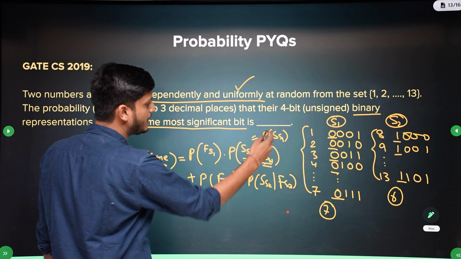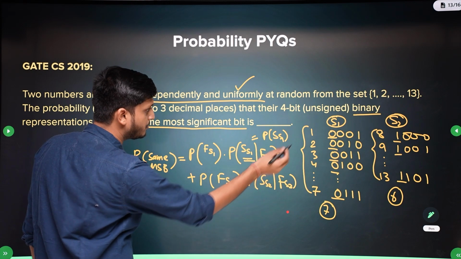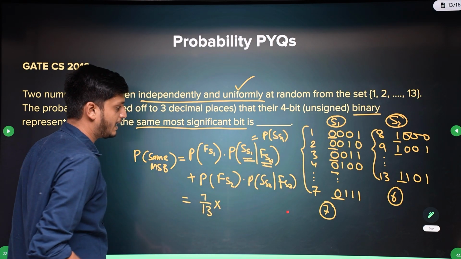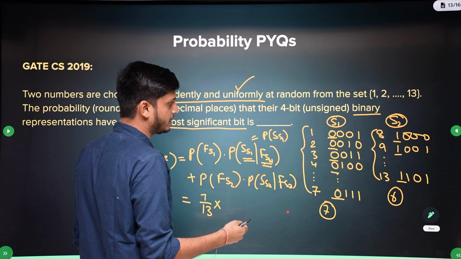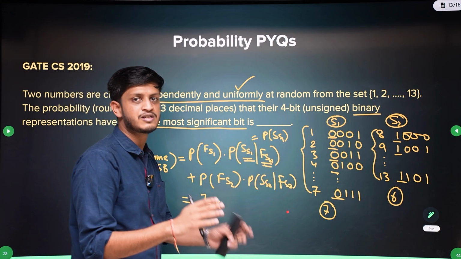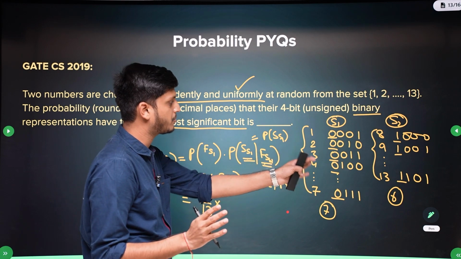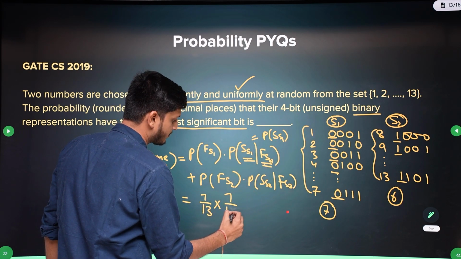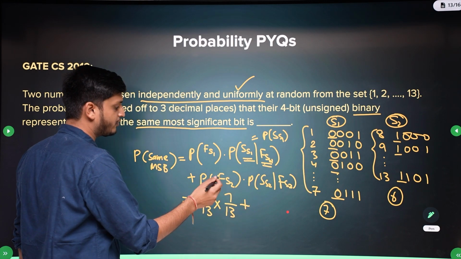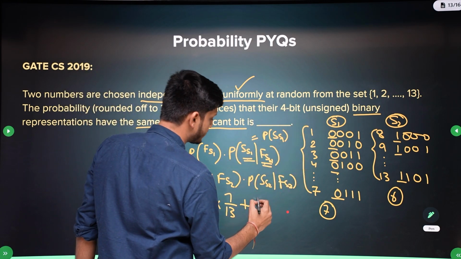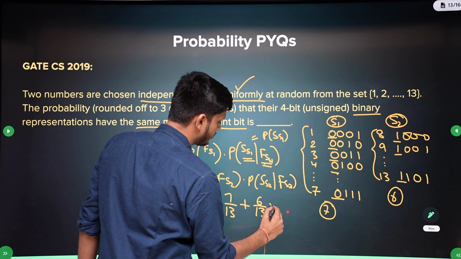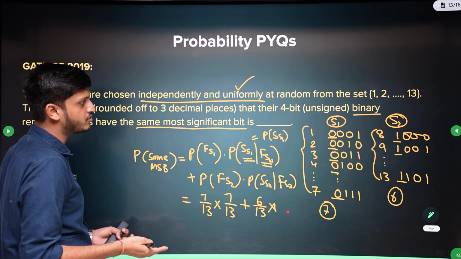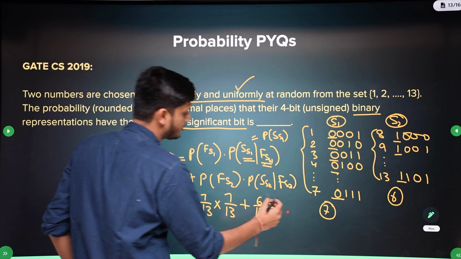So this will not have any impact. What is the probability of the first number being from S1? It is 7 by 13, times the probability of the second number being from S1, which is again 7 by 13, because they are independent. Plus the probability of the first number being from S2, which is 6 by 13, times the probability of the second number also being from S2, again 6 by 13.